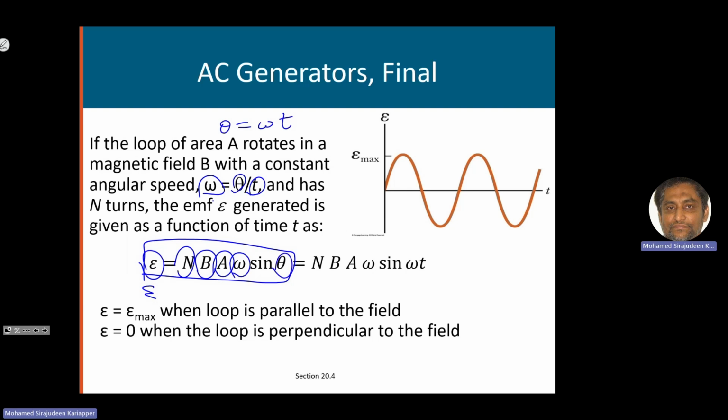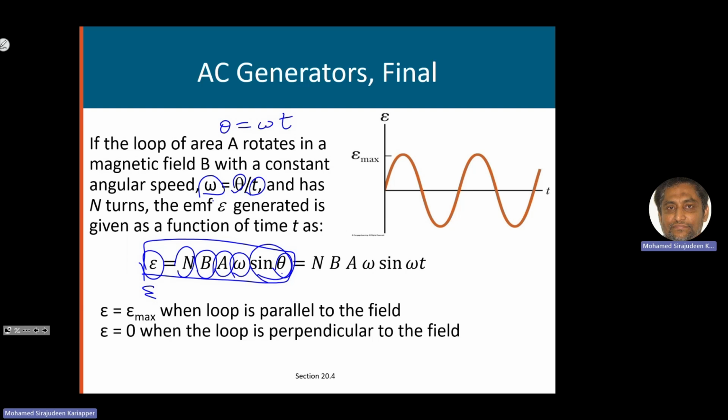What is this theta? You should know what exactly this theta means. Theta is the angle between the perpendicular to the coil and the magnetic field. So when the perpendicular to the coil is exactly in the same direction as the magnetic field, theta is equal to 0, right? When it's perpendicular, there'll be 0 EMF, since it is sine.